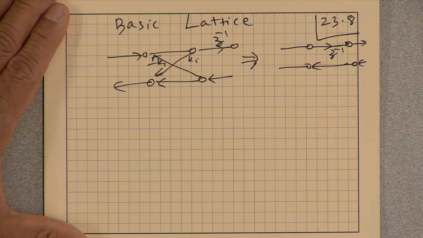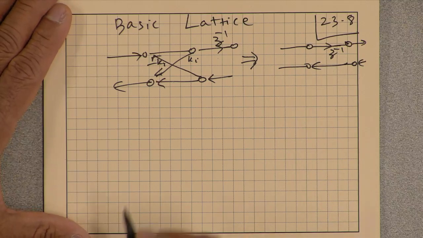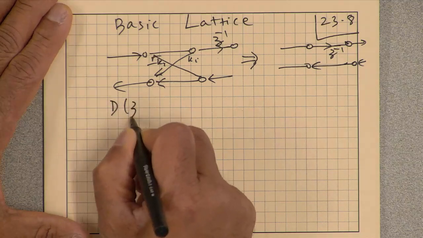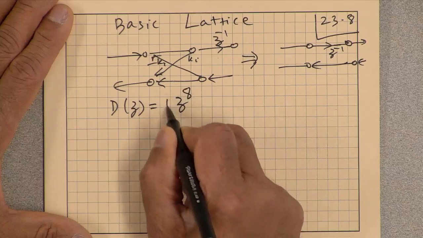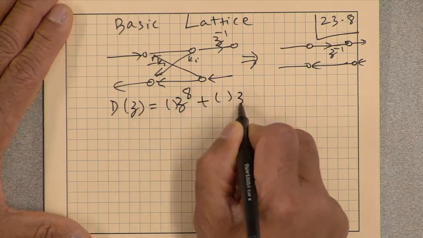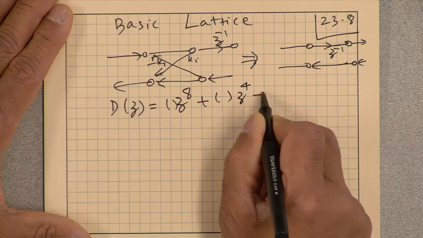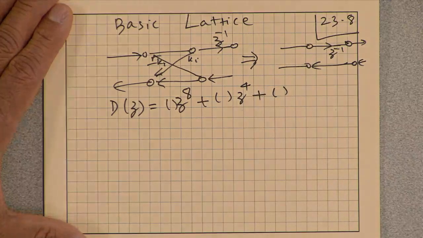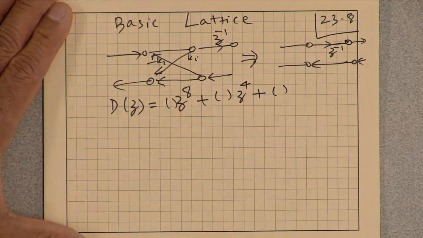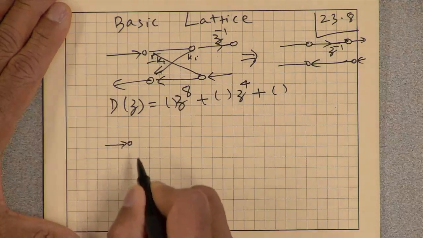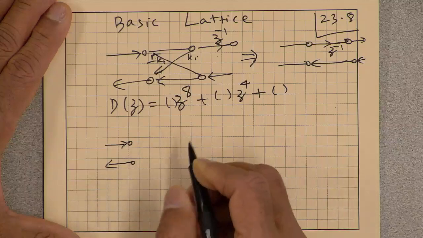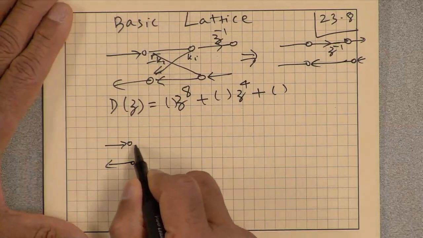For example, if we had some denominator D of z is some coefficient times z to power 8 plus some coefficient times z to power 4 plus some constant, then what really would happen? Of course, the first k coefficient, k8, would be non-zero.